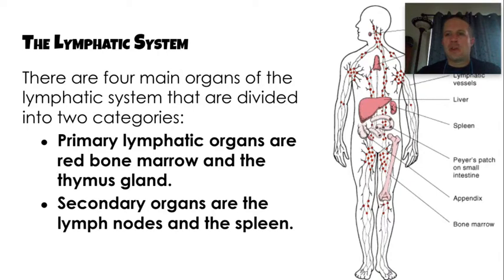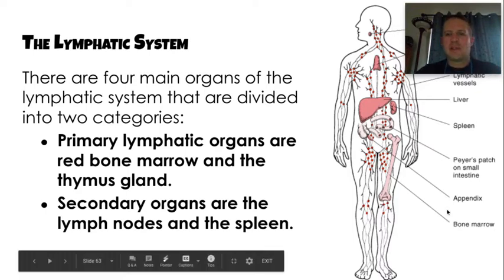And then if we talk about the organs, I'm kind of in the way here, but the organs that we're going to talk specifically about, we'll get to in a sec, but we can divide them into two different categories. There are those that are primary lymphatic organs, and there are those that are secondary. So red bone marrow and the thymus gland, and the reason they're called primary is because those are where the lymphocytes are produced.